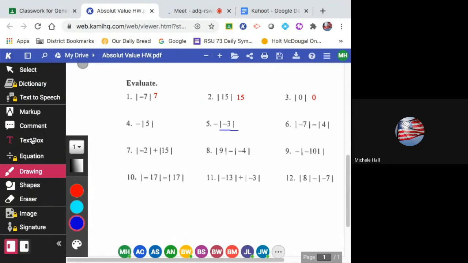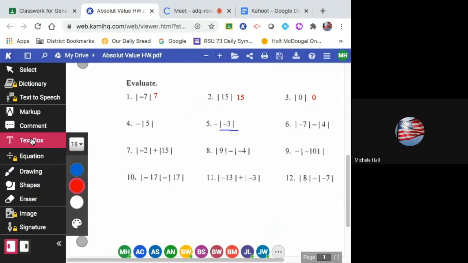How much is the absolute value of -3? It's 3. So I would put 3, but what else is going on in this problem? There's a negative sign in front of it, so I need to keep that negative sign in front of it. It doesn't mean I just got a negative answer for an absolute value. This has 2 steps. The first step is to do the absolute value of -3, which is 3, and then bring the negative sign down in front of your number.